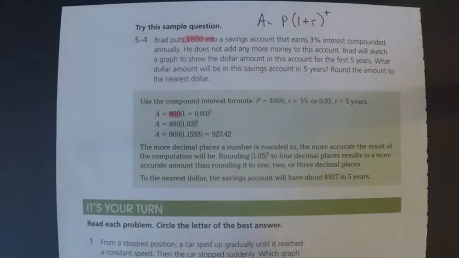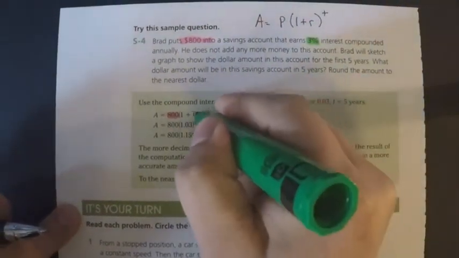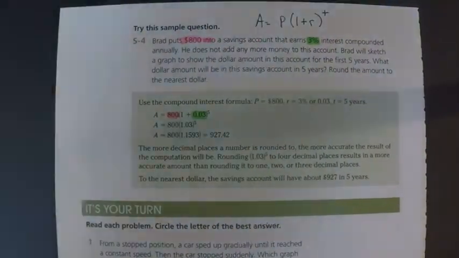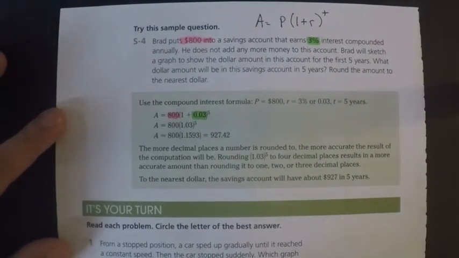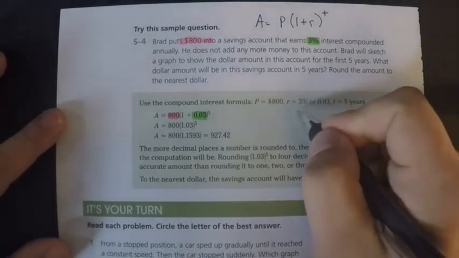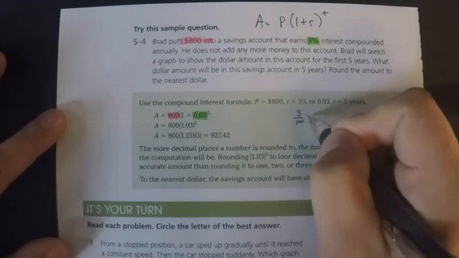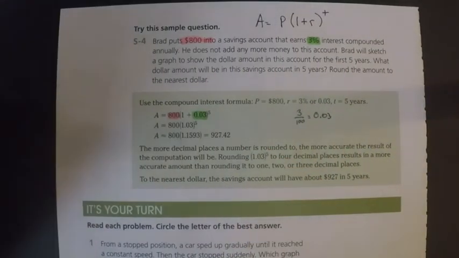Then it earns 3% interest. So 3% interest, and that part goes right here. Now if you notice, that number is not a 3 because we have to change the percent to a decimal. So to do that, we take 3 percent, and we divide by 100, and we get 0.03, which is the number that goes into our formula there.